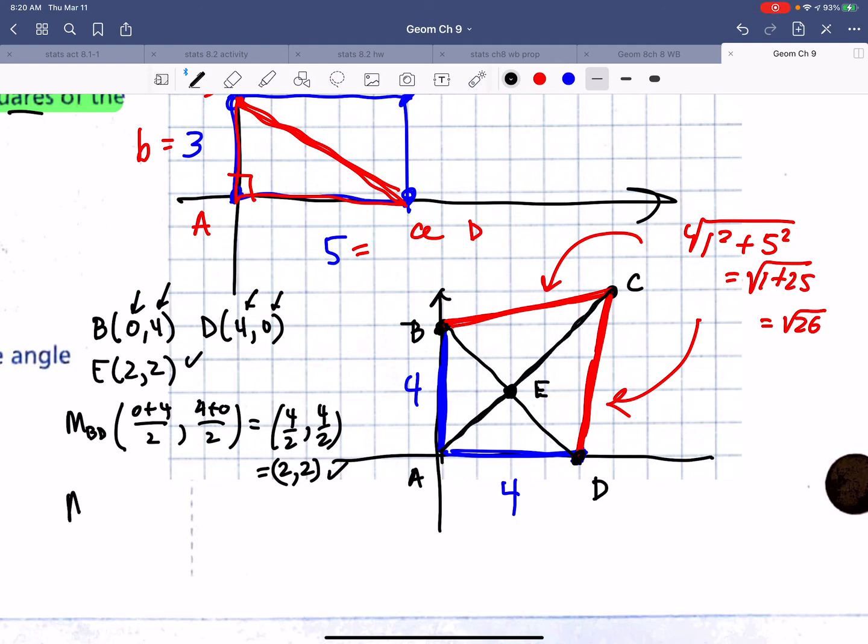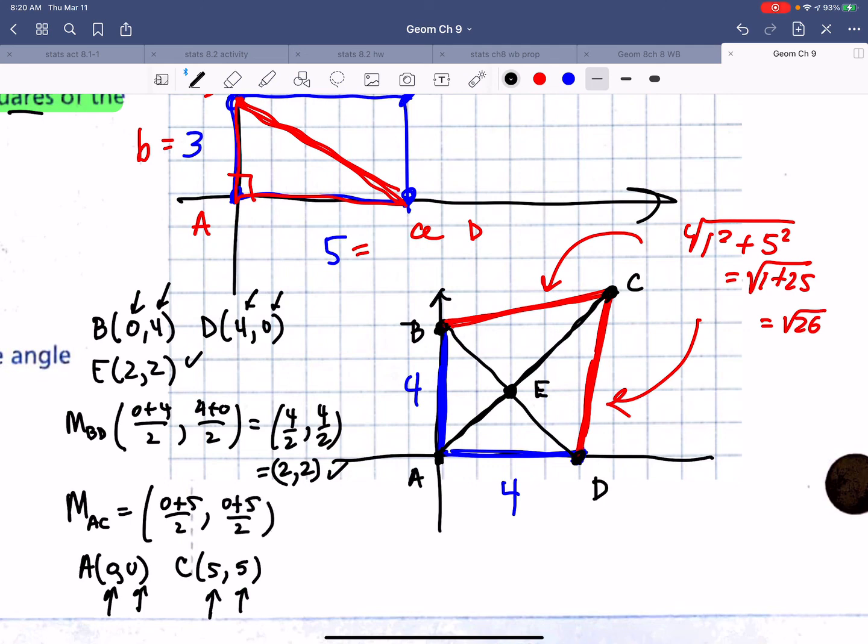So let's prove that. The midpoint of AC is, well, A is 0, 0. C is, it looks like we went over 5, up 5. So we add the two x's, and we add the two y's, and we get 5 halves, 5 halves.